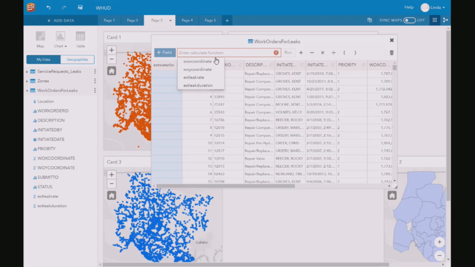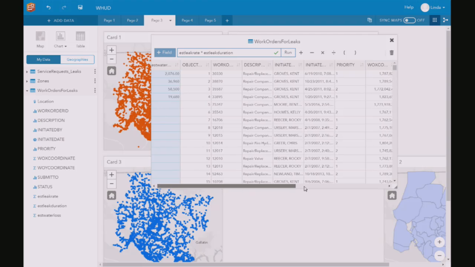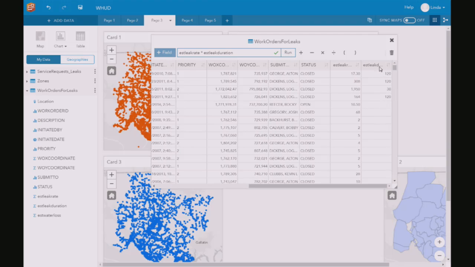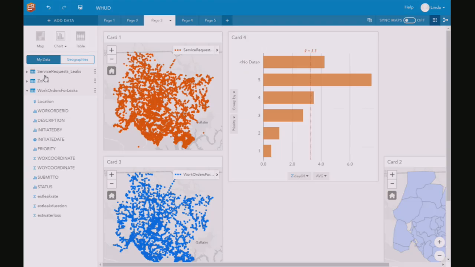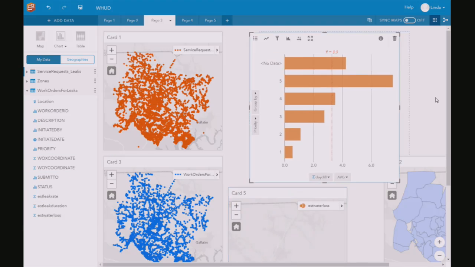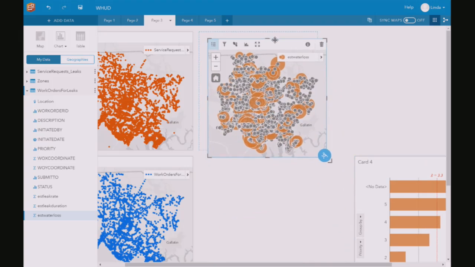So I could take the leak rate, multiply it by the duration. So this is going to be the amount of water loss at each one of these locations. Calculate that, so I get the results just where we have both of that information. And now you can see I have my estimated water loss.